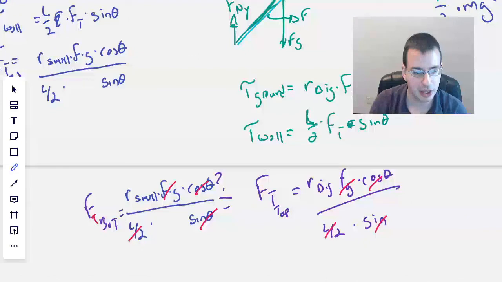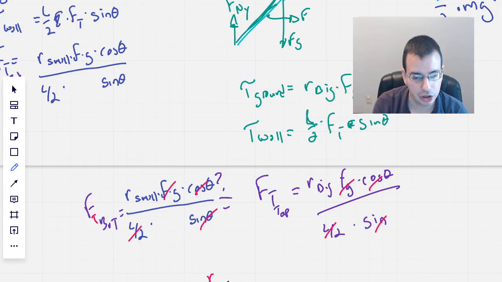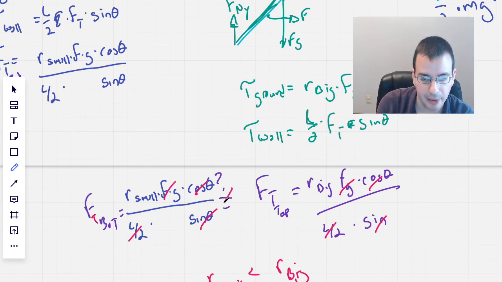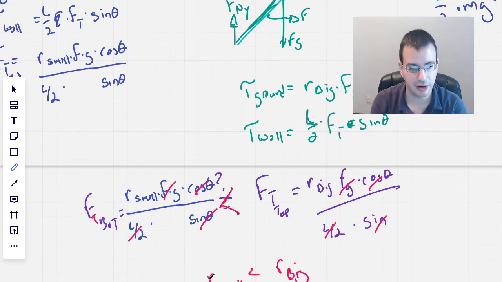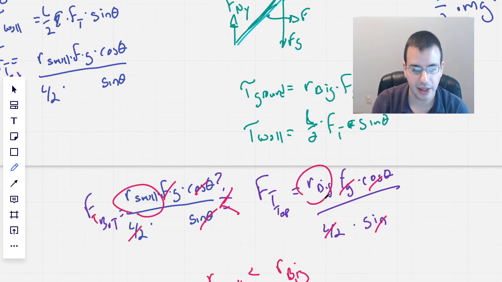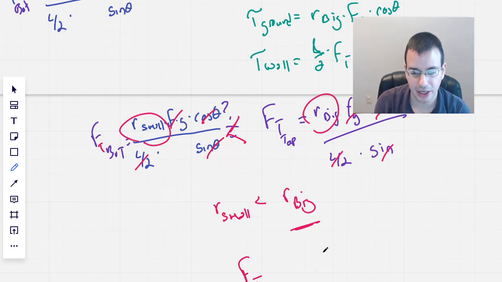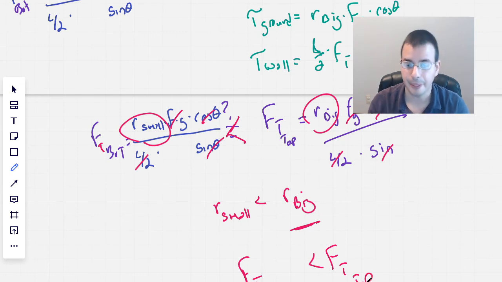And we're left with R small is less than R big. So this side will be a bigger sign here. Left with this, we look at this one, and that one, and we have force tension on the bottom will be less than force tension on the top.